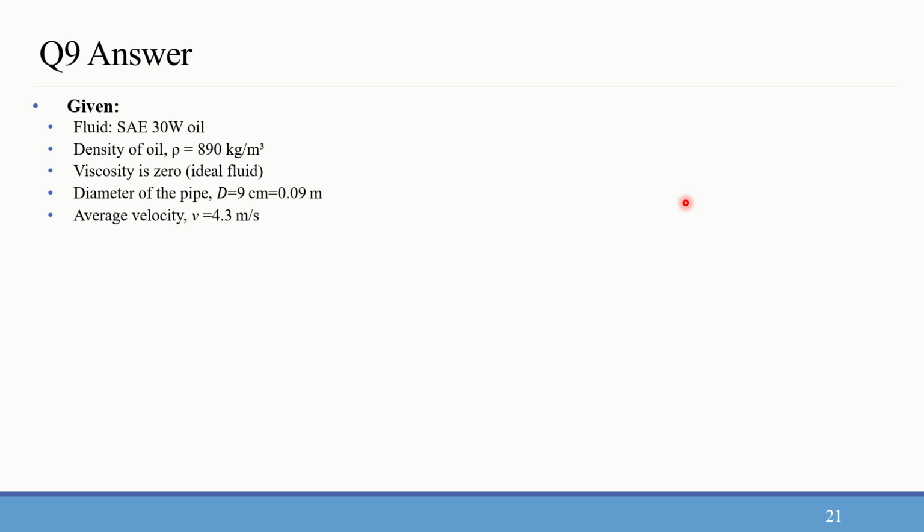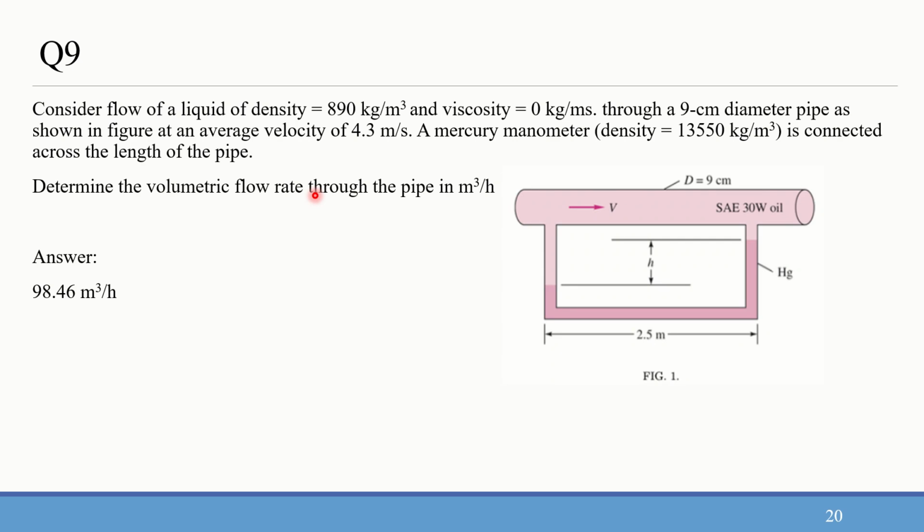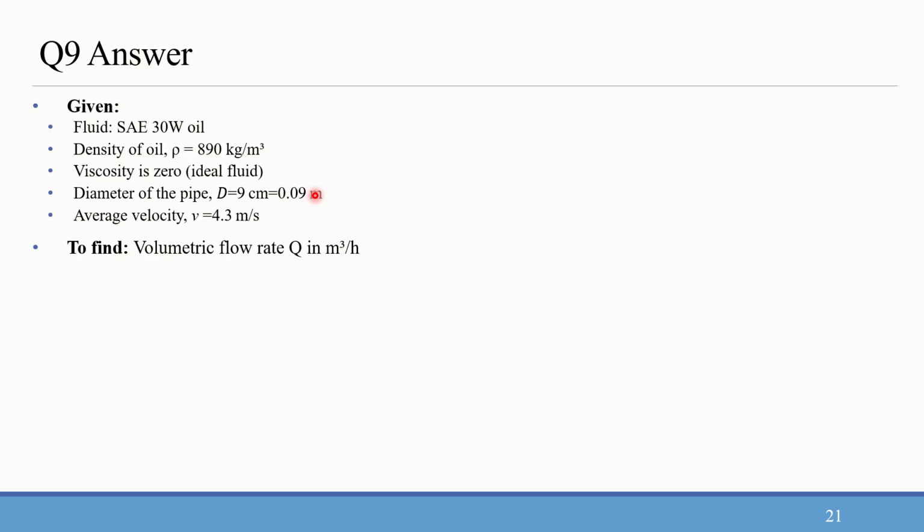Viscosity is 0, basically an ideal fluid. Diameter of the pipe is 9 centimeter or 0.09 meter, and average velocity V is equal to 4.3 meter per second. Now we are asked to find the volumetric flow rate in meter cube per hour.